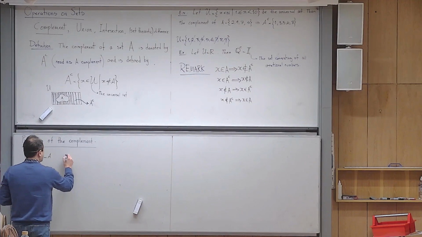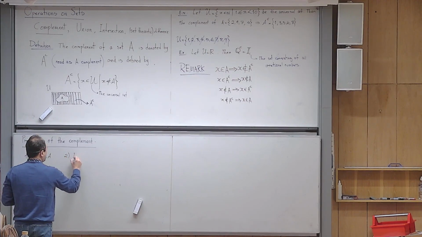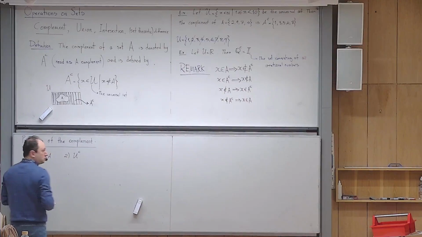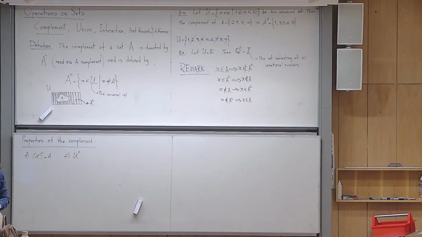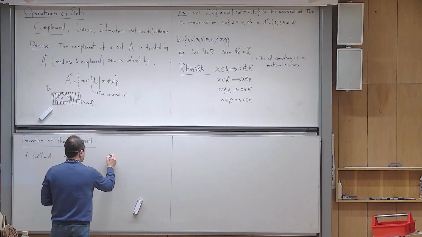So number 2, for example, can you tell me what happens if I complement the universal set itself? Yes? Maybe you'll get the universal set back. No. So the universal set complement means exactly the elements that are not in the universal set. So what happens? Maybe I should ask this question first.